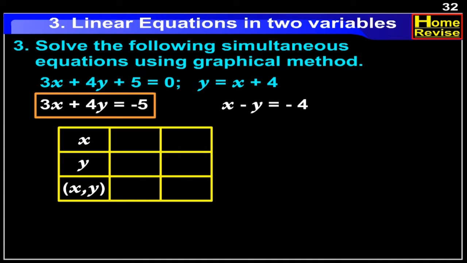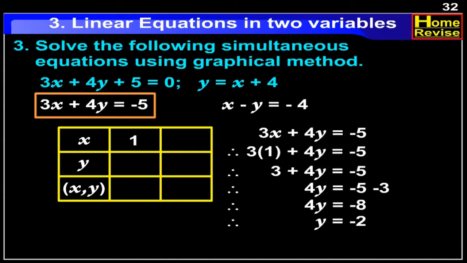Now, taking x is equal to 1 and substituting in this equation, we get y is equal to minus 2. Therefore, the coordinates of x and y are 1, minus 2.